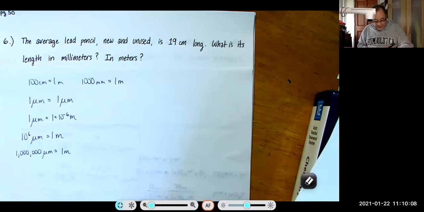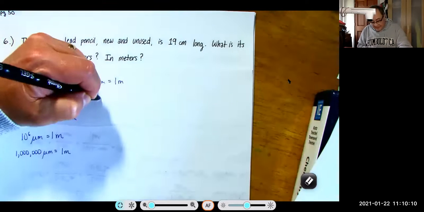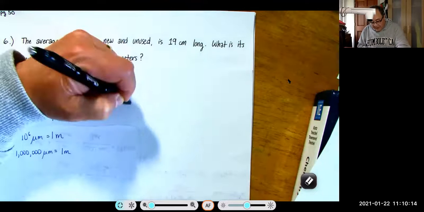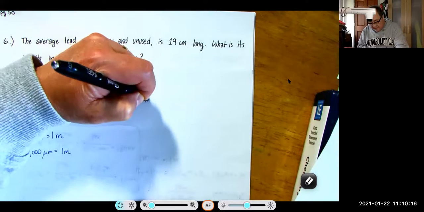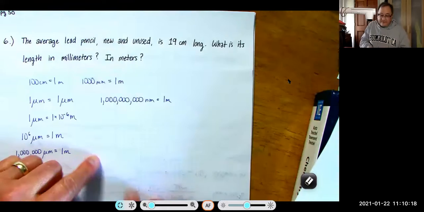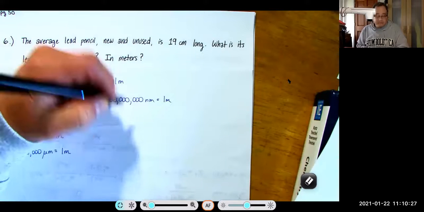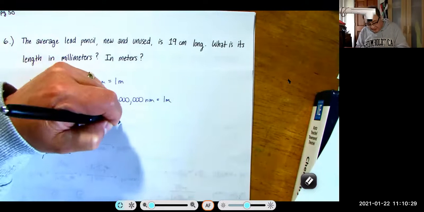What would be the case for a nanometer? A nanometer is 10 to the minus 9. So it would be 1,000,000,000 nanometers is 1 meter. Now, what if I asked you about centigrams?